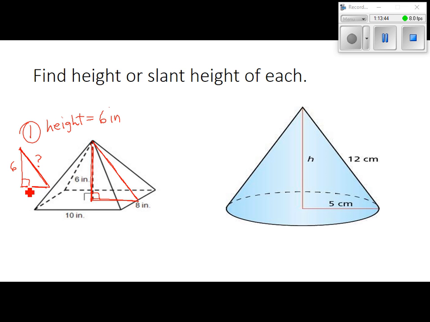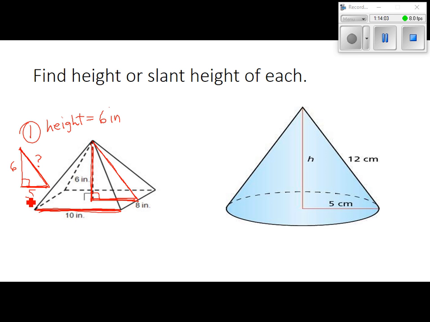Well, this bottom side, if we look right here, this length is going to be half as long as one of the sides of the pyramid. So since this is 10, this has to be 5.